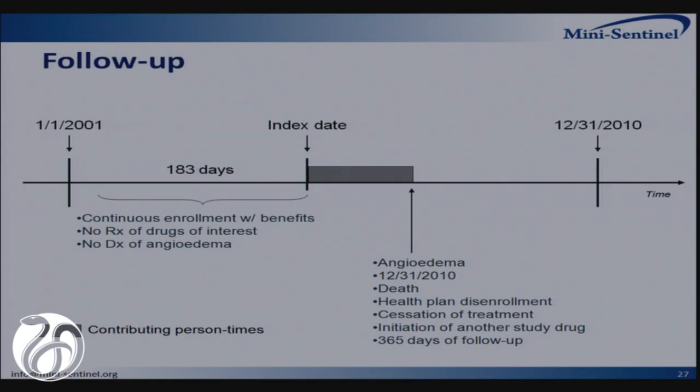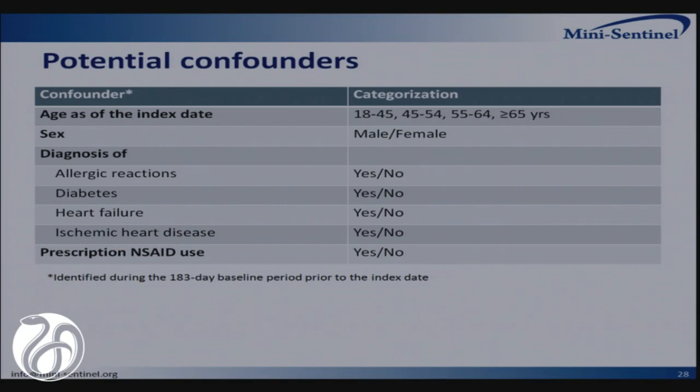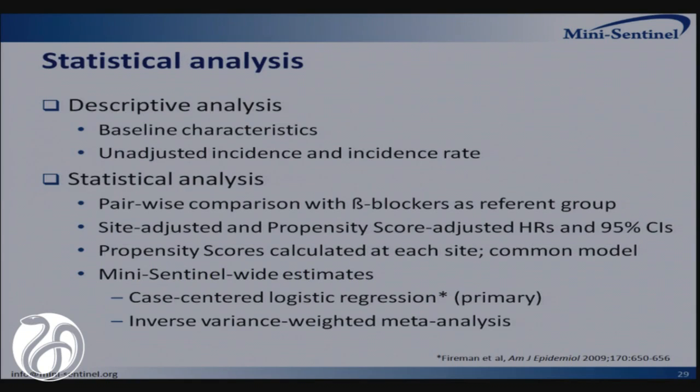So here's the schematic for the study design: at least 6 months during which we know various things are or are not true, and then you're observed until the date of first angioedema or the end of the study period or these various termination events occur. So you can tell we're getting ready to do an analysis that's sensitive to person time. There are a bunch of confounders. These are the ones that we controlled for.